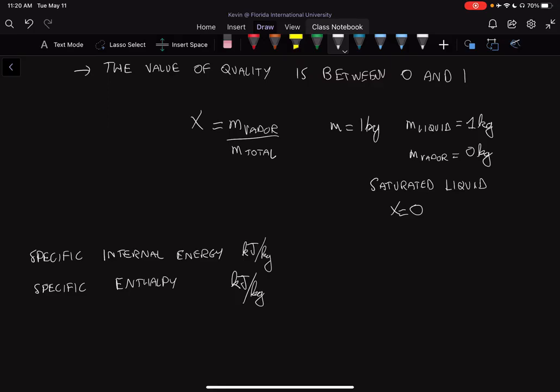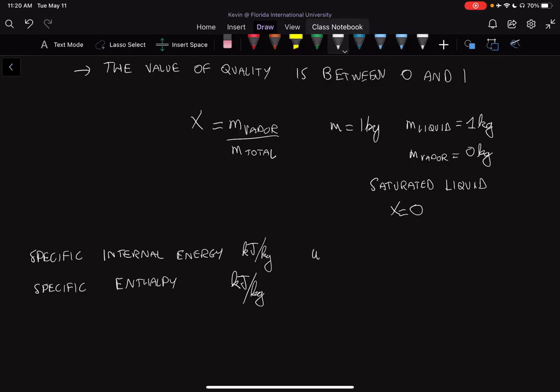Again, you don't need to know this right now, but in order to do your study problems, you might need to know how to find internal energy and enthalpy from our thermodynamic tables, but you won't need to use them in a theoretical manner.